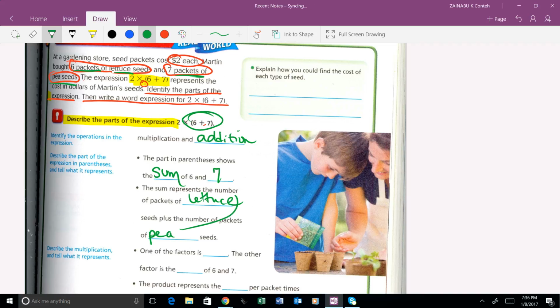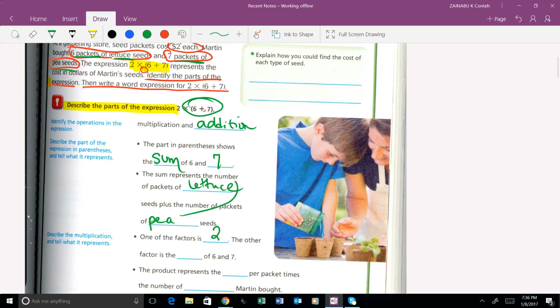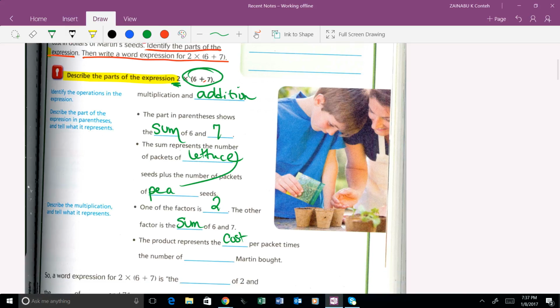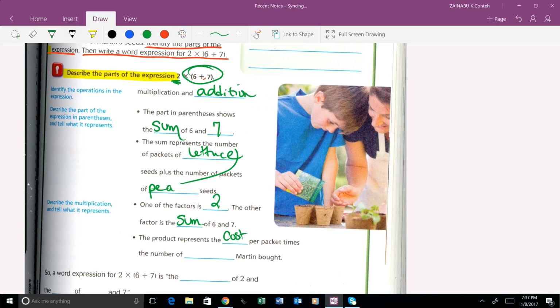One of the factors happens to be 2. And the other factor is the sum of 6 and 7. That particular product is going to represent the cost per packet times the number of packets.